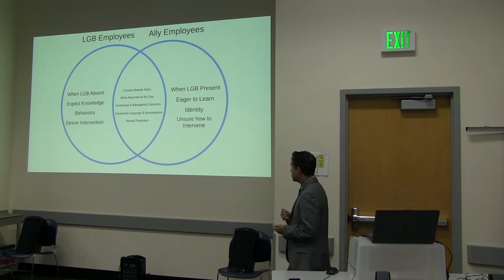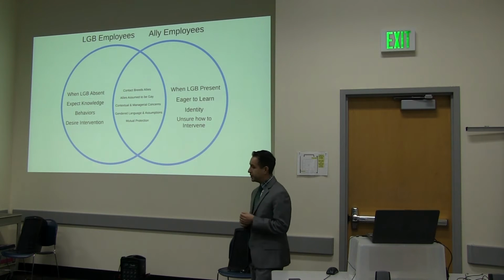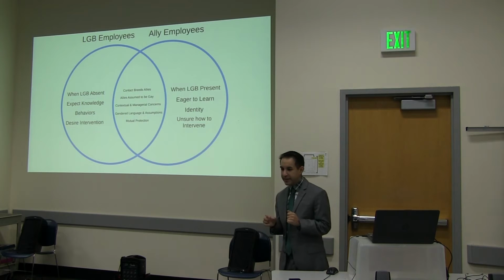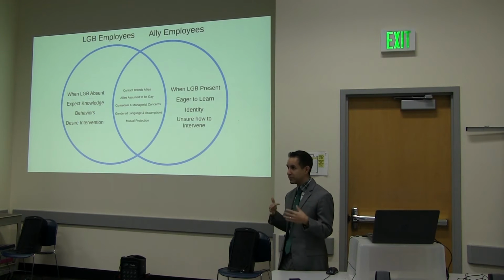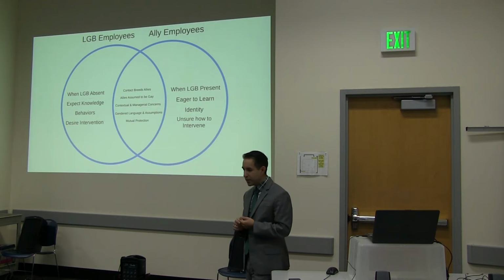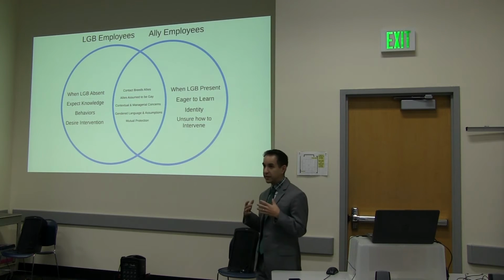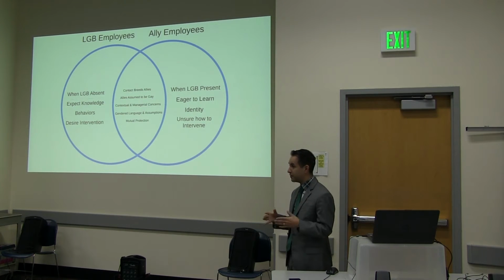The one that I think is most important is this discrepancy where the allies, again, want to learn, and they want to intervene, and they want to say something, especially in these heat-of-the-moment situations where somebody says something and it's like, oh, I'm not sure if that was really the right thing to say, but they don't know what to do. They don't know what to say, they don't know how to say it, they don't know if they're going to be perceived as, they're going to say something incorrect and undermine their efforts.